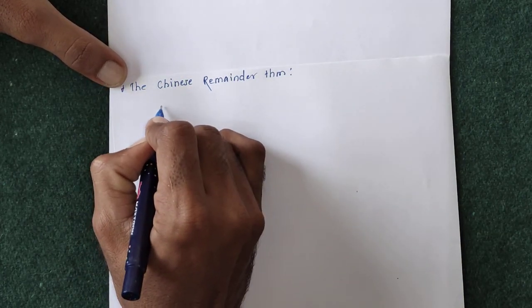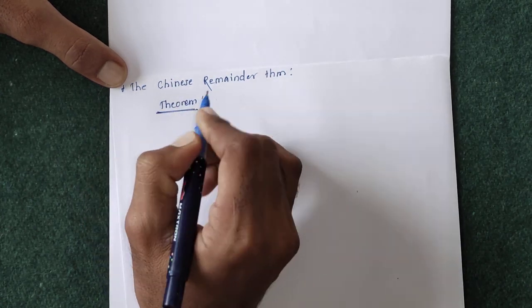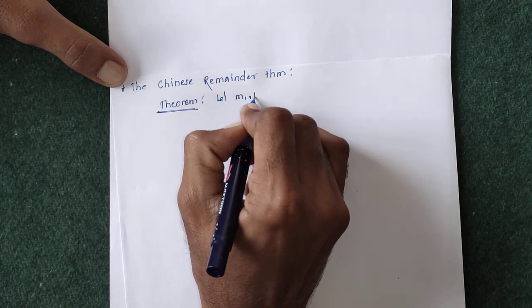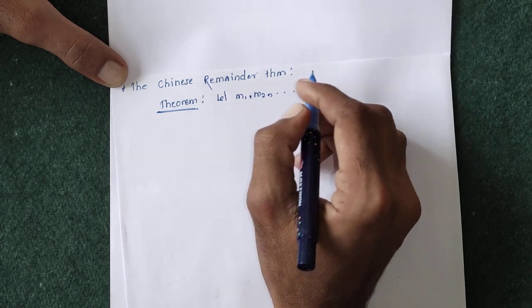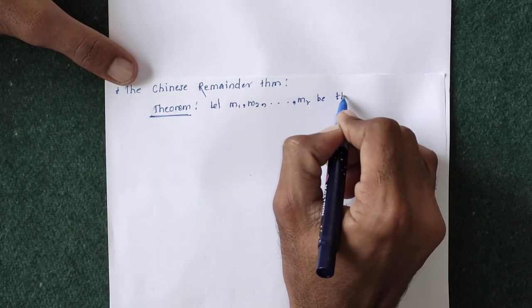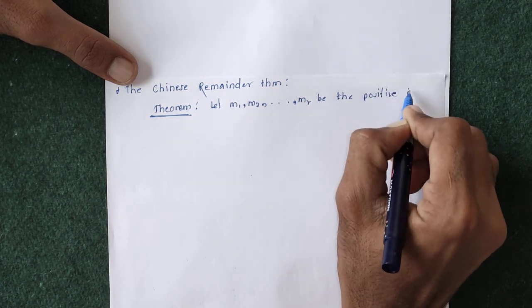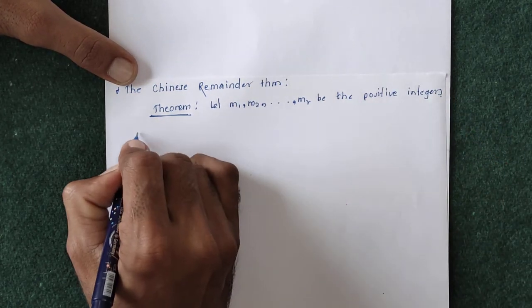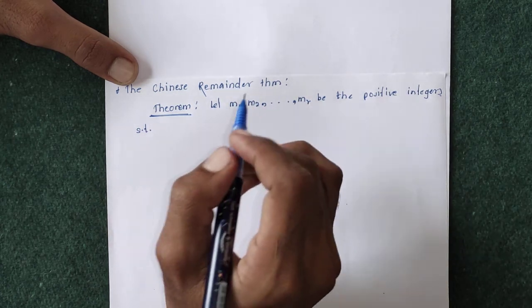The statement of the theorem is: let m1, m2, up to mr be positive integers such that these integers are relatively prime in pairs.